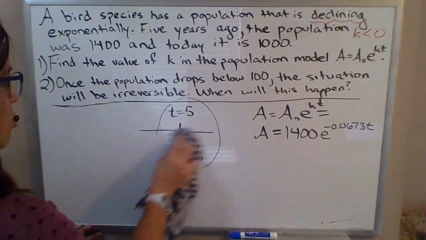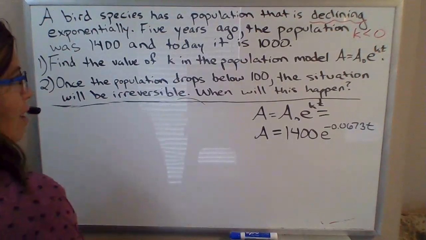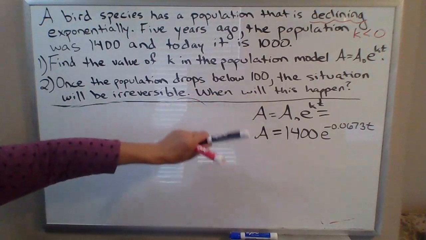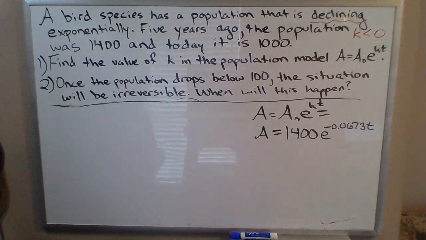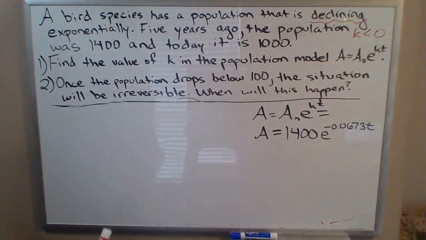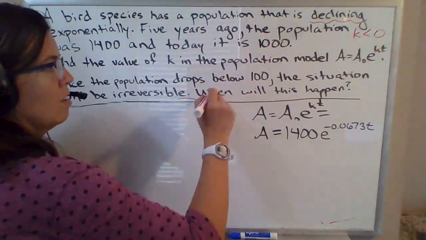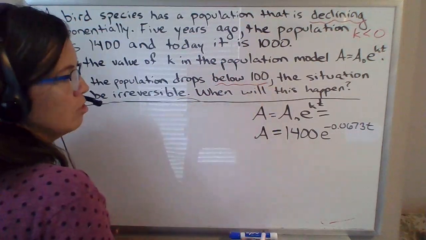So now I want to get into question 2. Kind of a sad story here, but once the population drops below 100, we're saying the situation is irreversible. That population's not going to be able to recover. When will this happen? So one thing I thought about as I was copying this problem on my whiteboard here, below 100.